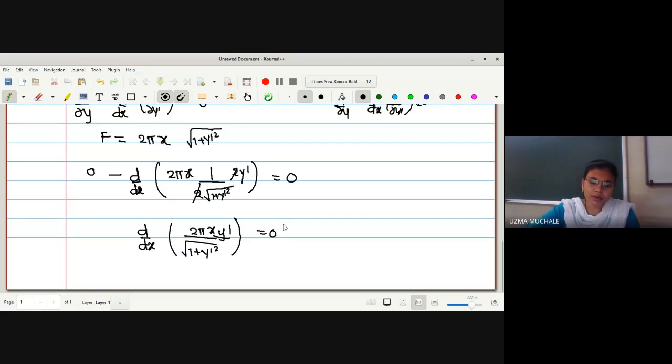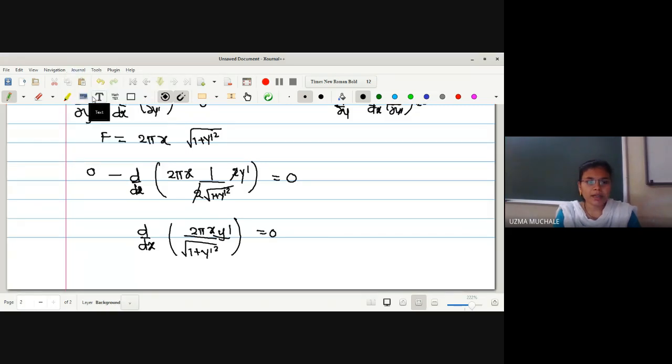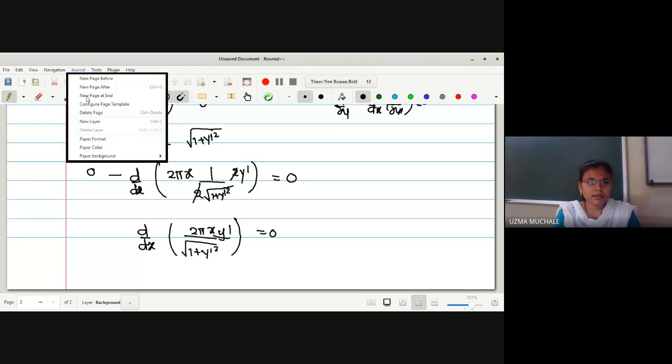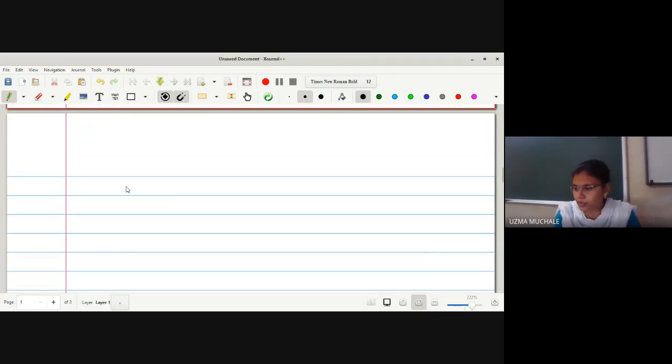Now what you have to do? We have to do the integration, because if you are going to solve it by derivative, it will be somewhat difficult to use the u/v rule. So by integrating with respect to x, we get 2πx y' divided by √(1+y'²) equal to some constant.